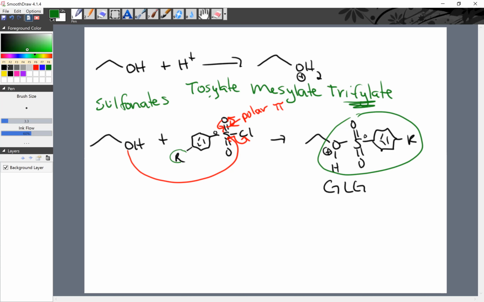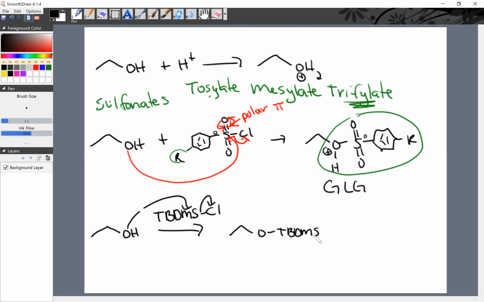Okay. And last but not least, let's protect these alcohols. Well, why in the world would an alcohol need protection? Well, because remember that hydrogen is acidic and it actually can be ripped off. So if you don't want that to happen, you better protect it first. And I gave you one way, TBDMS chloride, tetrabutyl dimethylsilane chloride. Okay, that was a mouthful. Same thing. OTBDMS.